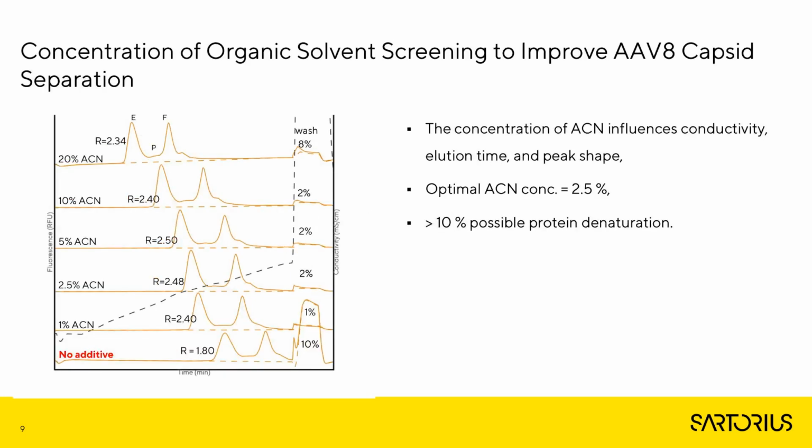What we did next was screening of different concentrations of acetonitrile. What we observed with the chromatograms is that the concentration of acetonitrile influences the conductivity, elution time, and also the peak shape.